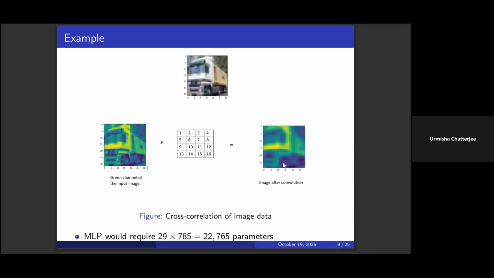There's one more thing. If you look at these two images, the original image and the output image, you can see that the output image looks like a smoother version of the original green channel image. And this is where you can link the cross correlation operation with convolution, because convolution is essentially the same thing.